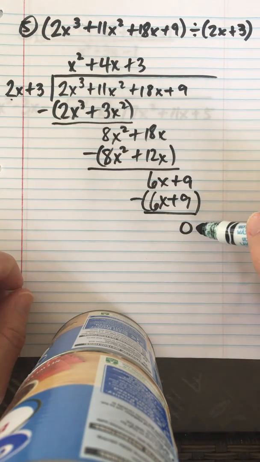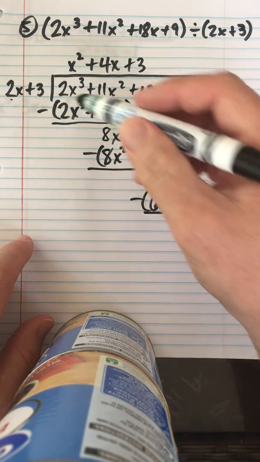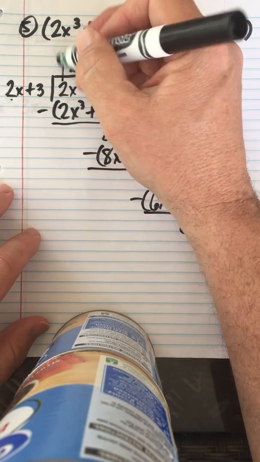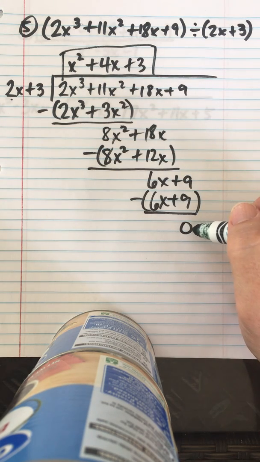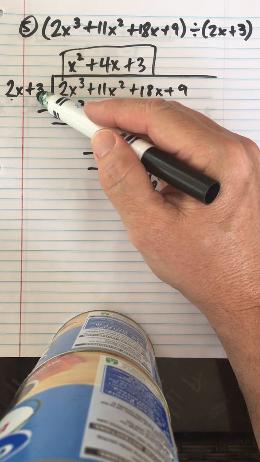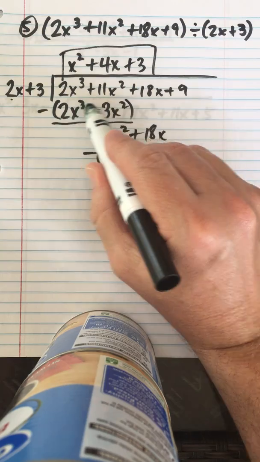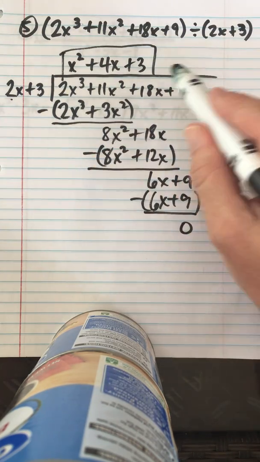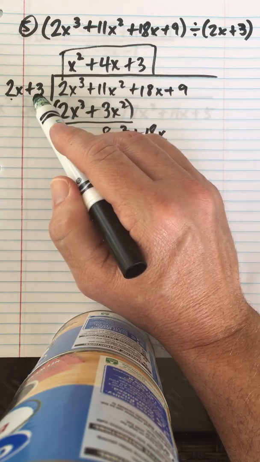Now, when I get 0 as a remainder, what that tells me is, first of all, this is my answer. You understand that. I don't have to write a remainder if the 0 is a remainder. It's just x squared plus 4x plus 3. And because 0 is the remainder, that means 2x plus 3 times x squared plus 4x plus 3 would give me this big long thing, which means these two things are both roots of this.